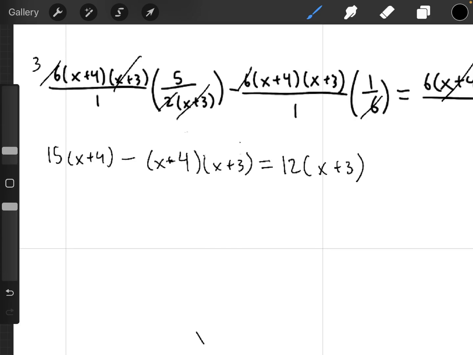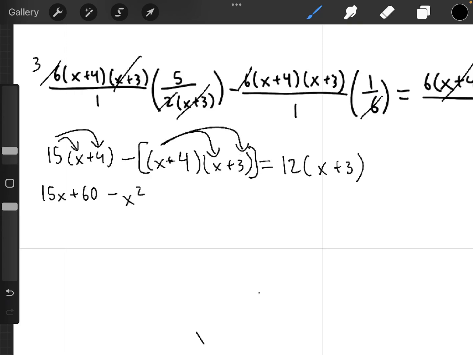Now we can distribute. So this 15x and 15 times 4 minus, and now we'll FOIL this, x times x is x squared, x times 3 is 3x, 4 times x is 4x, and 4 times 3 is 12.